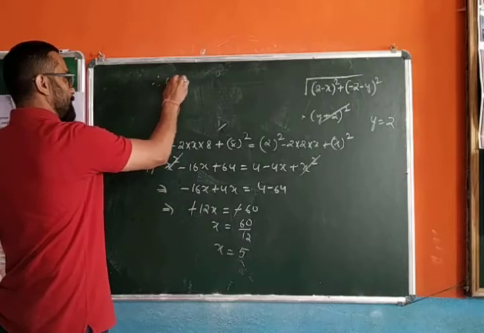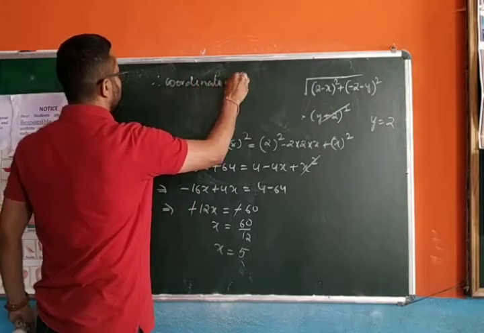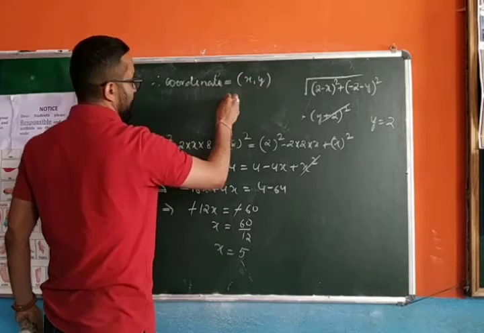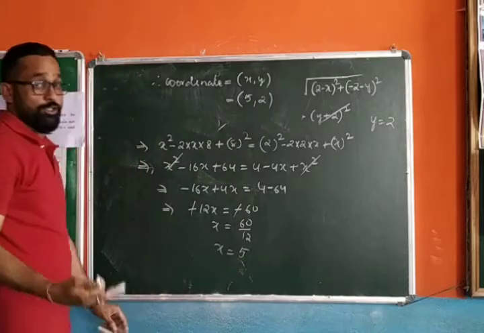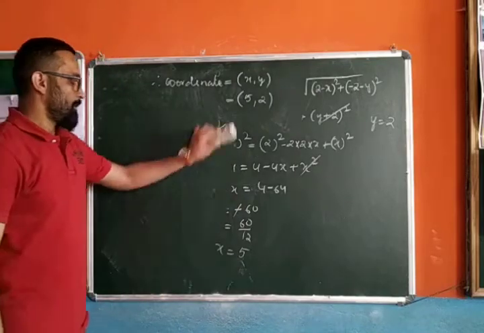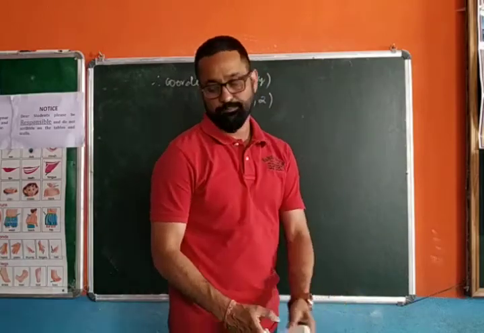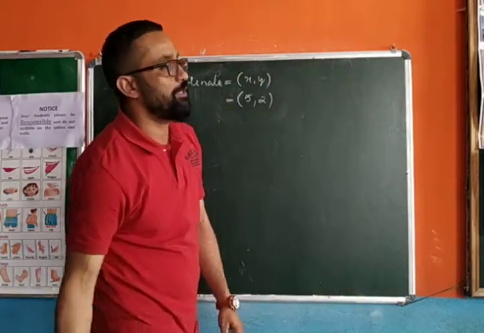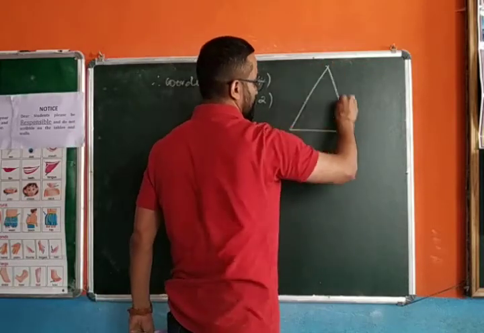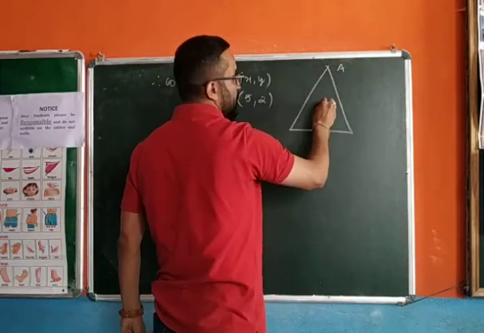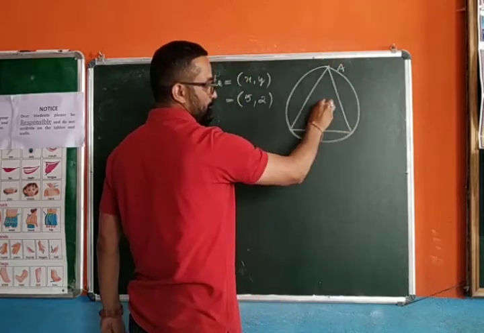Therefore, the coordinate of O is equal to (x, y). We have found x is 5, y is 2. We got the first answer. Now the question tells you to calculate the radius. So in order to calculate the radius, we take A and the circumcenter.